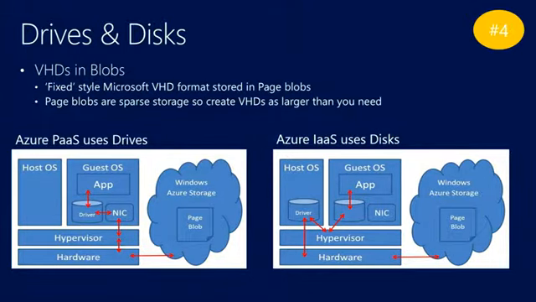Drives and disks are slightly different. The reason is that Windows Azure Platform as a Service uses drives, and it has a slightly different approach to how the driver works as opposed to Windows Azure Infrastructure as a Service, the thing that came out recently. Infrastructure as a Service uses disks. The difference is really that in PaaS, the driver sits inside the guest operating system.